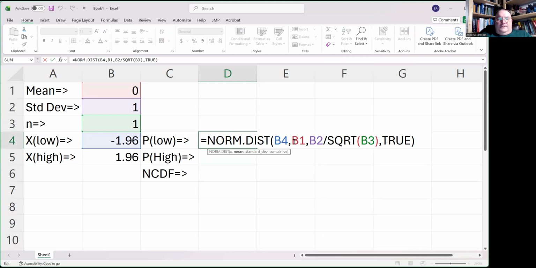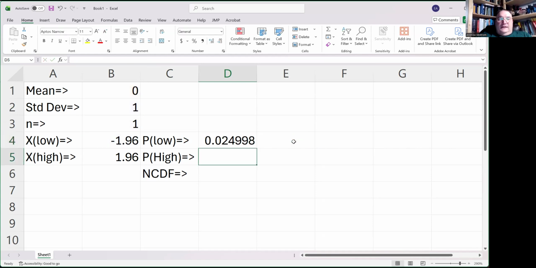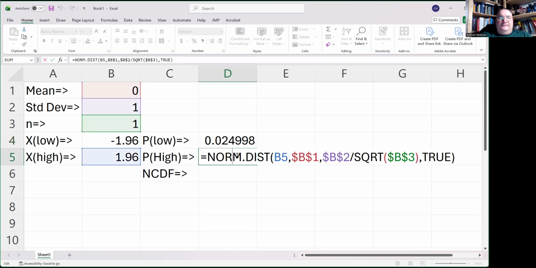Now what I can do here is type a $ sign in front of the B and the 2, then a $ sign in the B and the 3, and hit enter. What those $ signs are just going to do is basically anchor those values. So when I drop this down here, it's now actually using the correct values that we should be using.